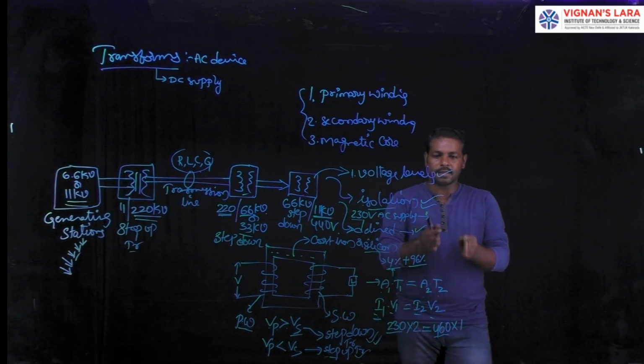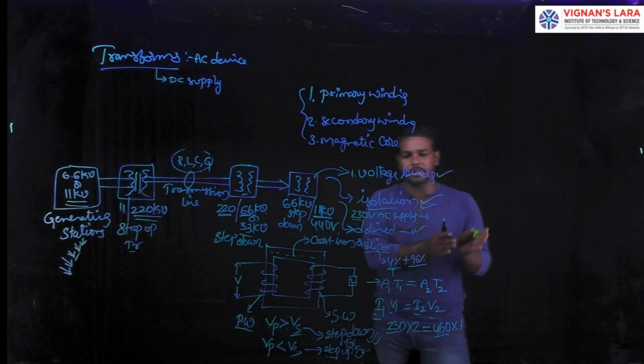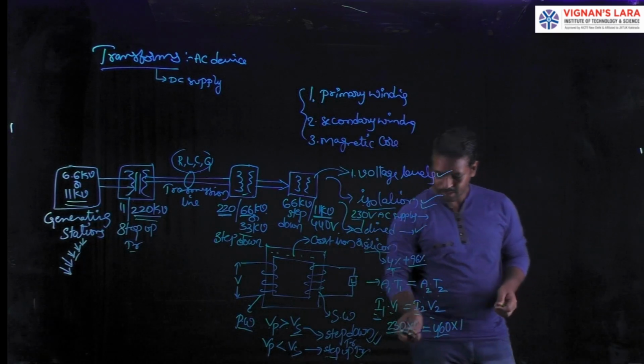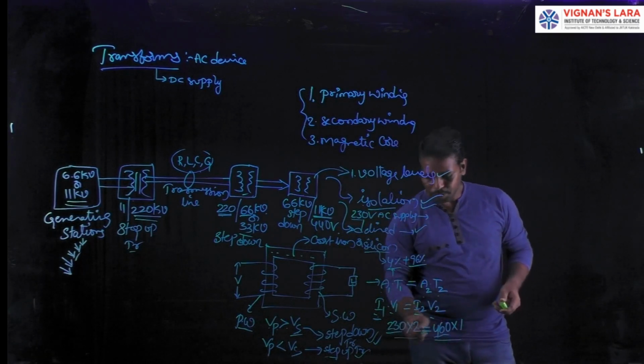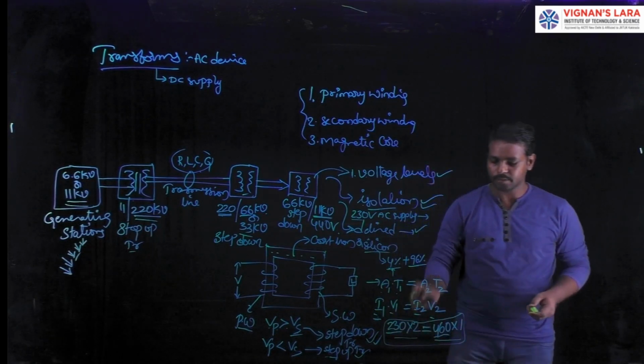Voltage and current are both different, but the product of primary as well as secondary must be the same. Based on this principle only the transformer operates.